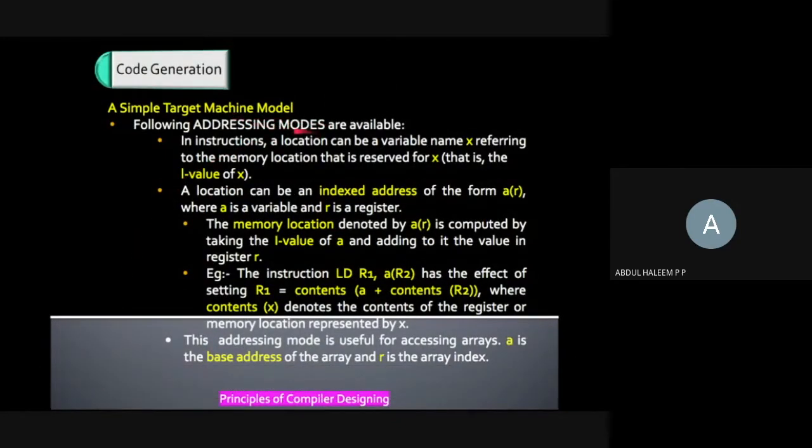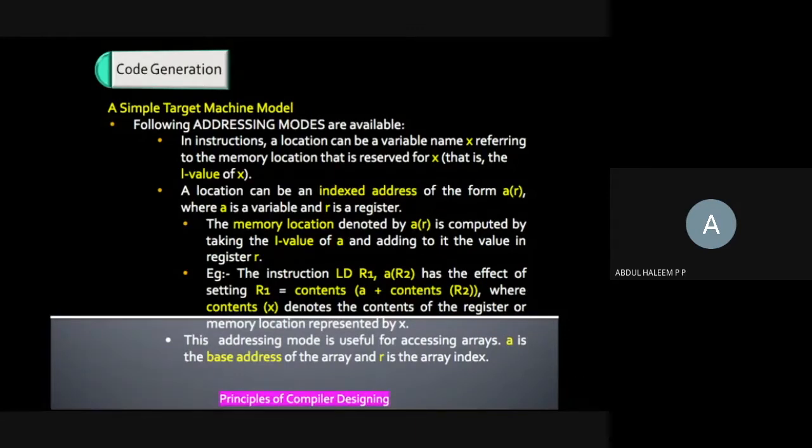Now we will discuss addressing modes. Why addressing modes? Because now we have two kinds of locations where values are placed. There are n general purpose registers, which are the fastest memory unit on the computer.